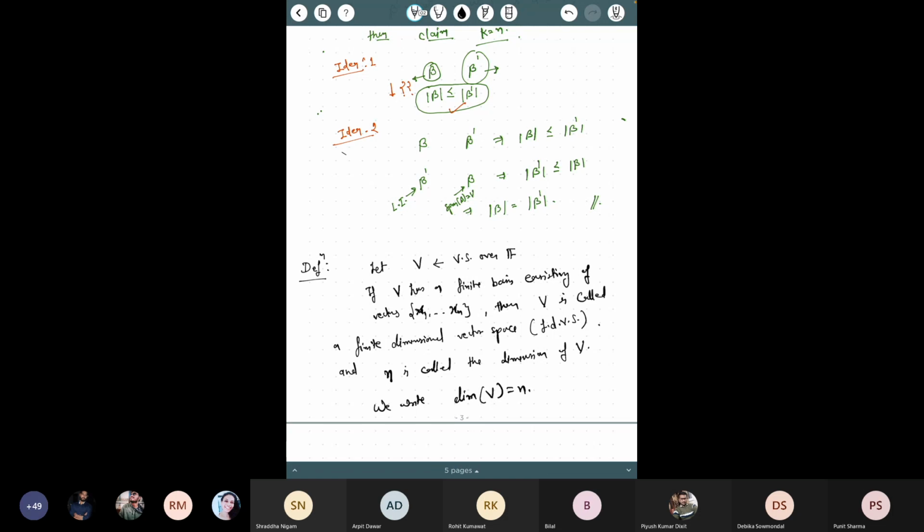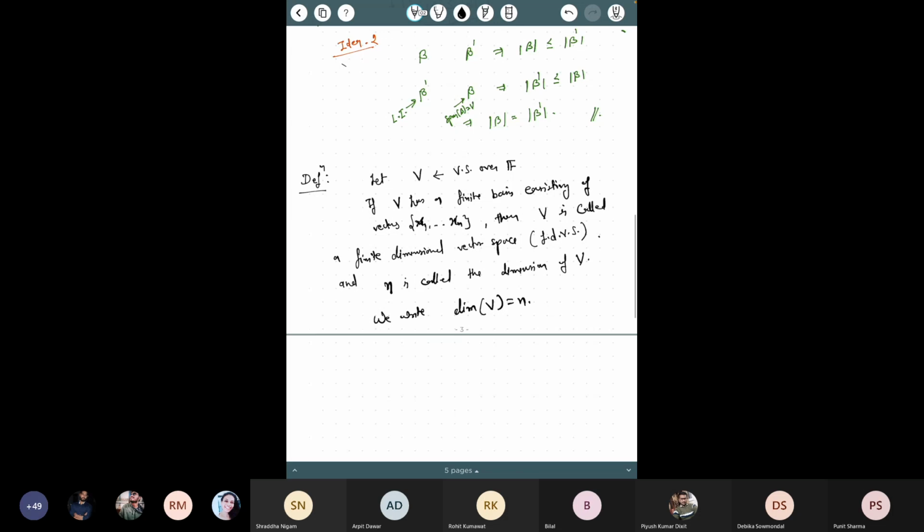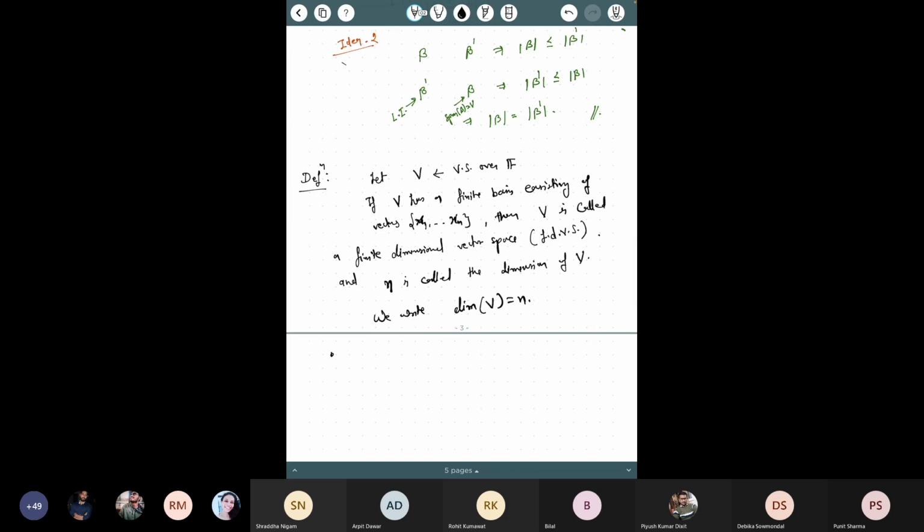And if V is not finite dimensional, then it is called infinite dimensional. So let me write this: infinite dimensional vector space.